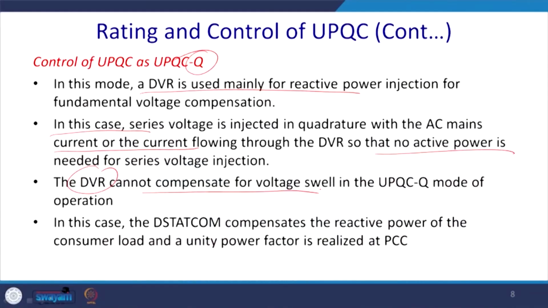As told in a previous class also, the DVR cannot compensate voltage swell, because your hypotenuse will always be more than your base. For this reason this mode of operation is only preferred for sag correction, and in this case the D-STATCOM compensates the reactive power of the consumer load and unity power factor is realized at the PCC.